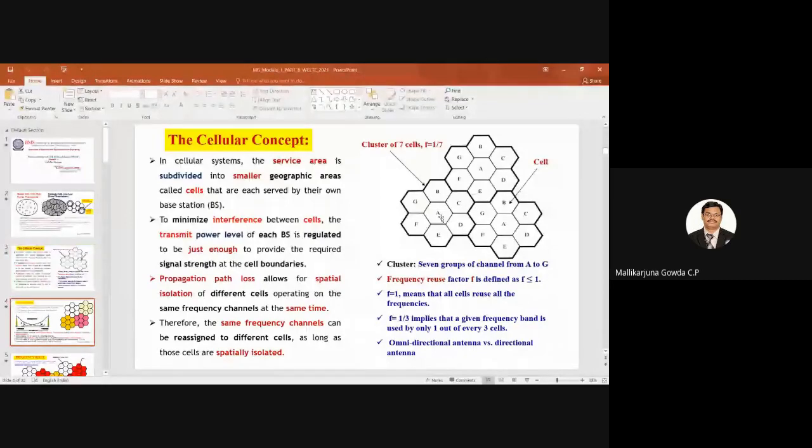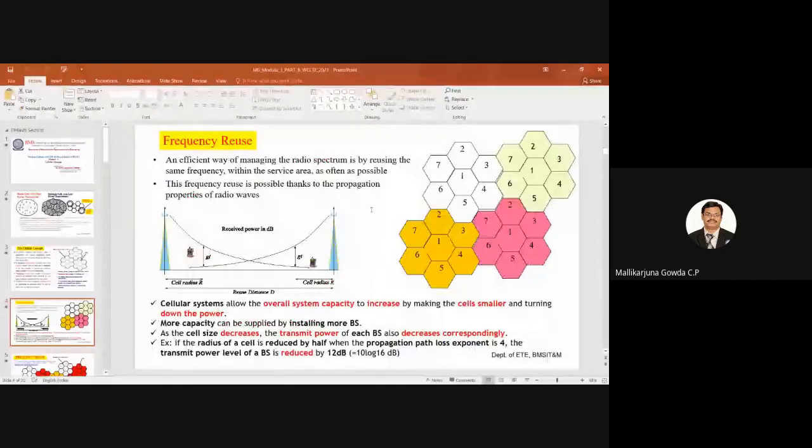As I was telling, this is the transmitter, and this is my user, the mobile station. As he moves away from this base station, the received power decreases exponentially. Similarly, this is another base station, and as he moves away from it, the power is decreasing.